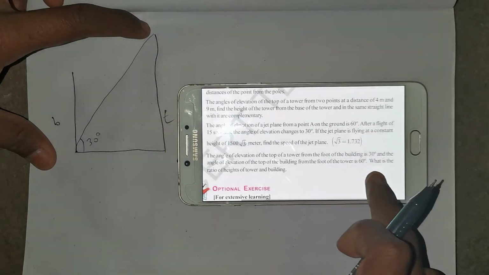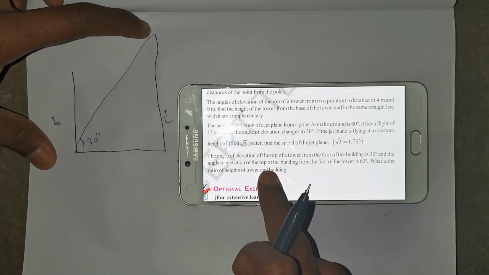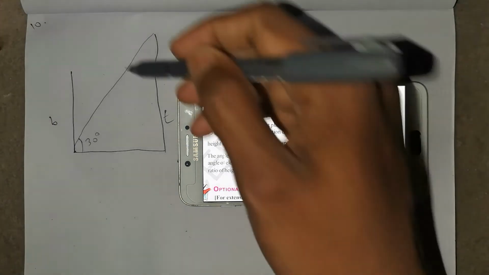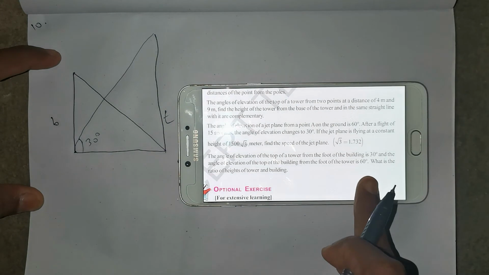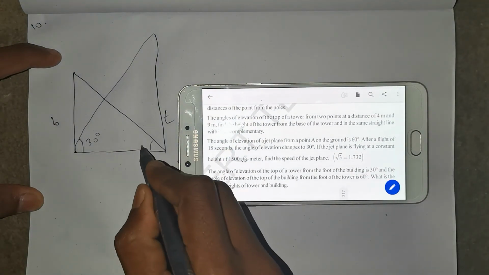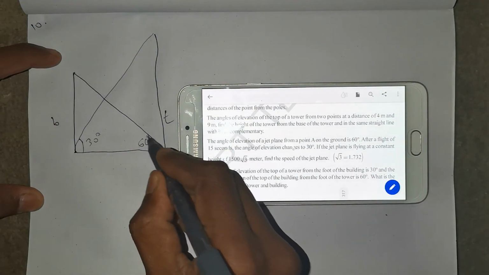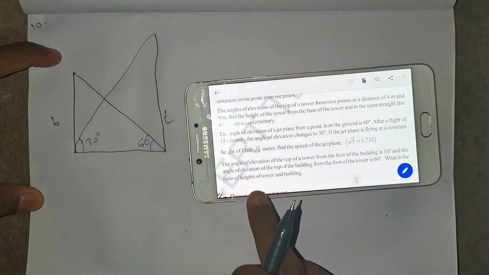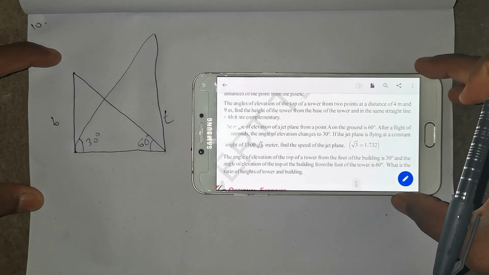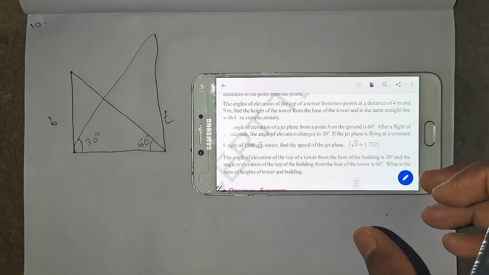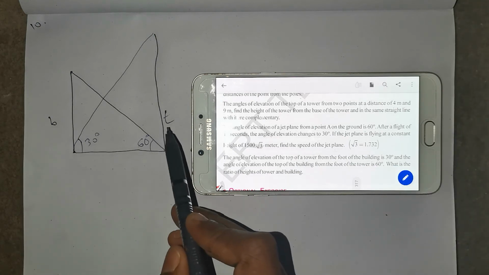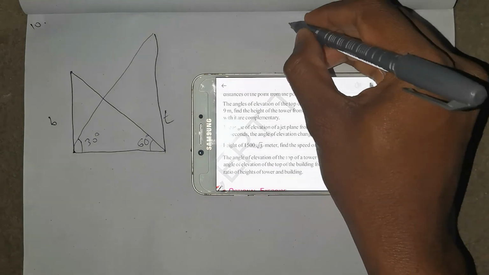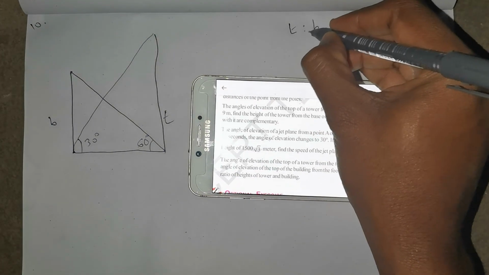And the angle of elevation of the top of the building from the foot of the tower is given as 60 degrees. Then what is the ratio of heights of tower and building? He is asking the ratio of heights of the tower and building. So tower is the first word, so we need to find the ratio of tower height to building height.